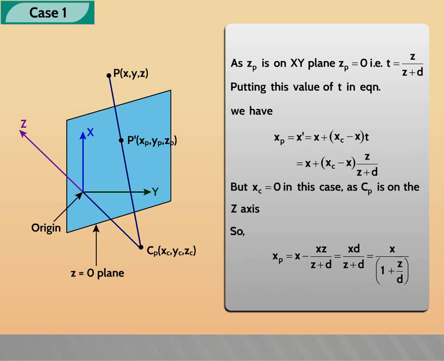Putting this value of t in equation 11, we have xp is equal to x dash is equal to x plus xc minus x into t is equal to x plus xc minus x into z by z plus d. But xc is equal to 0 in this case as Cp is on the z-axis. So, xp is equal to x minus xz by z plus d is equal to xd by z plus d is equal to x by 1 plus z by d.